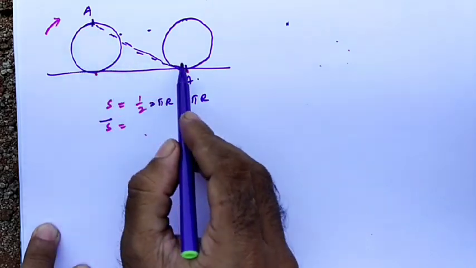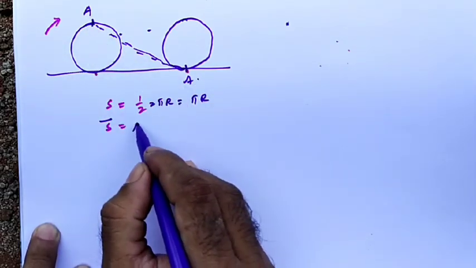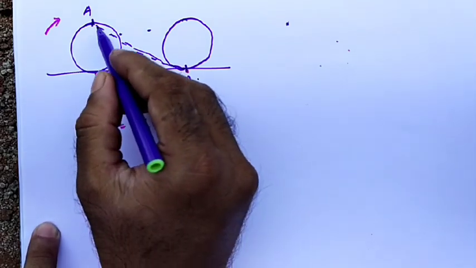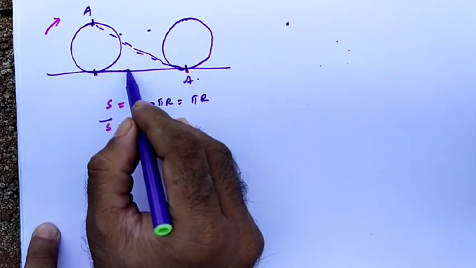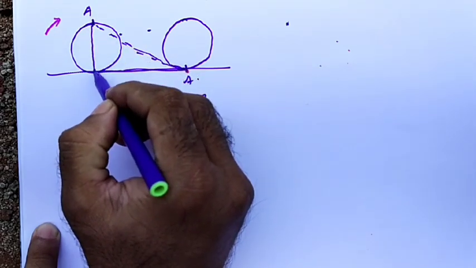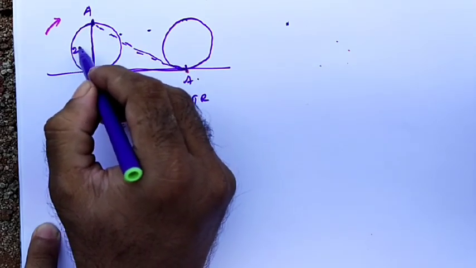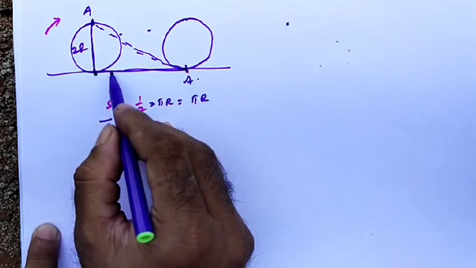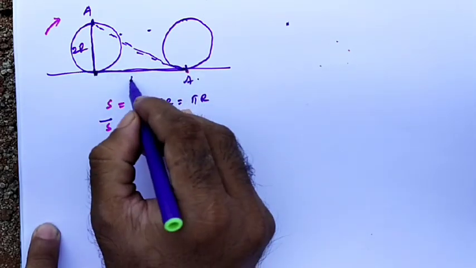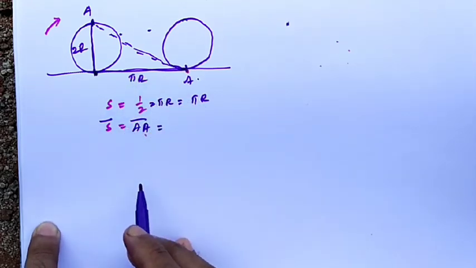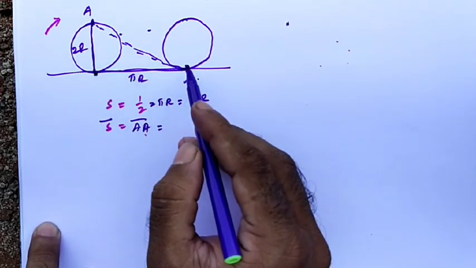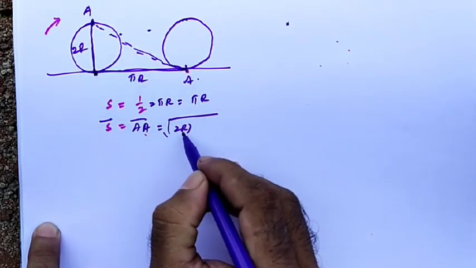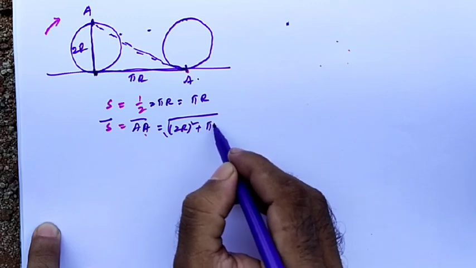Now I want to calculate the length of this A to A vector. For that I need to form a right angle triangle here. How much is this length? This is 2r, because this is the diameter of the circle. And how much is this value? Already we have calculated, this is pi r. This is the distance traveled by the body. So now what is this value? That is root over 2r whole square plus pi r whole square.